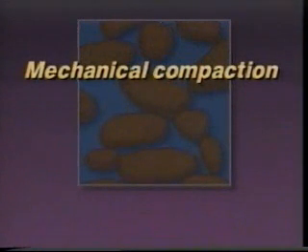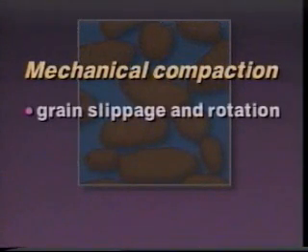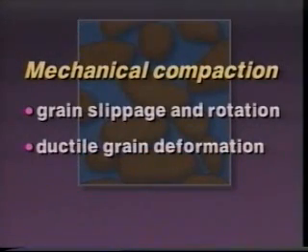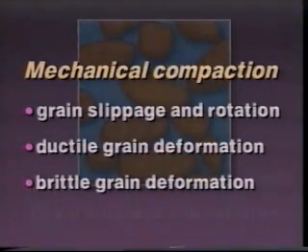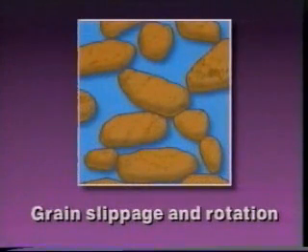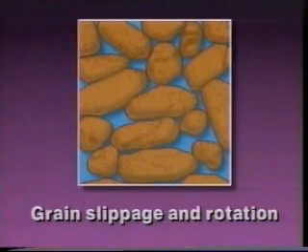Mechanical compaction can take place through grain slippage and rotation, ductile or plastic grain deformation, and brittle grain deformation. During the process of grain slippage, non-deformable grains slip past one another with slight rotation to assume a tighter packing arrangement. The total amount of porosity reduction through grain compaction depends upon many factors.